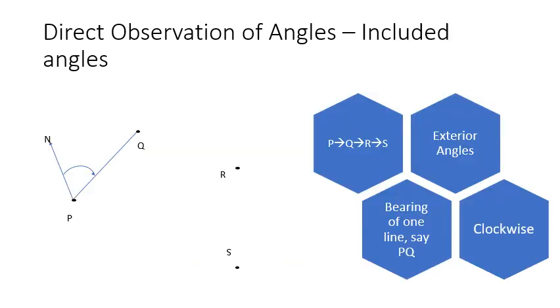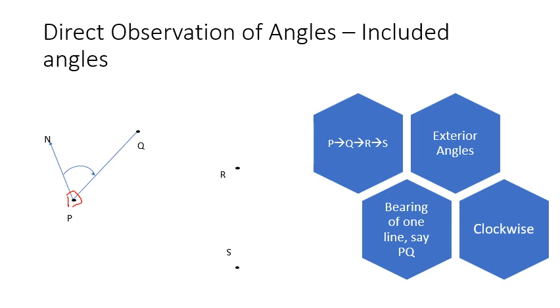For example, here you can see we have a plot bounded by PQRS. We want to conduct a traverse survey and we have selected the station points at P, Q, R and S. As a first step, we have set our instrument at P, and as we have to take one bearing, we have taken the bearing of line PQ.